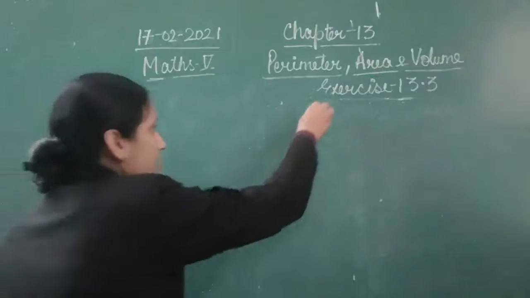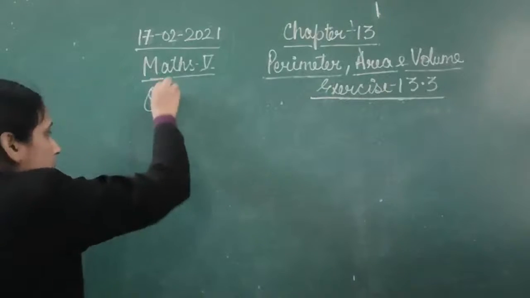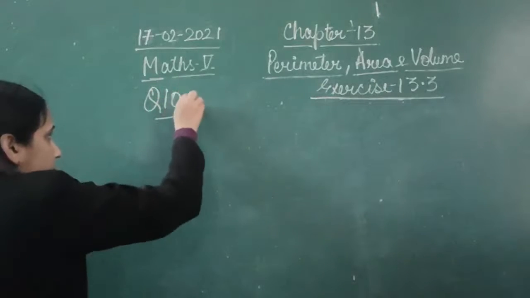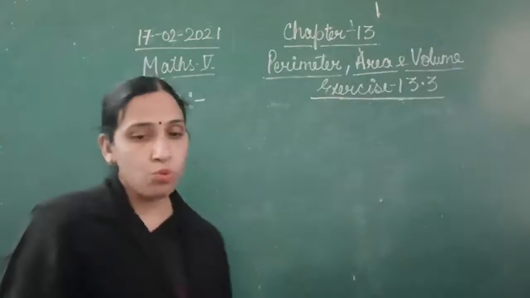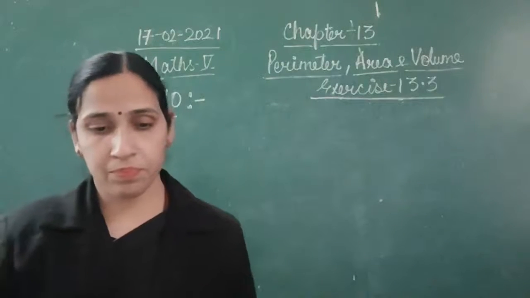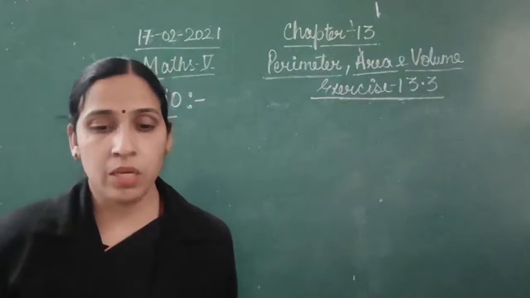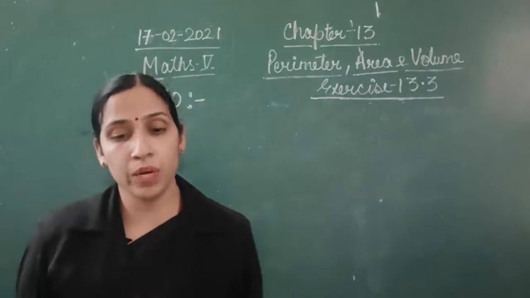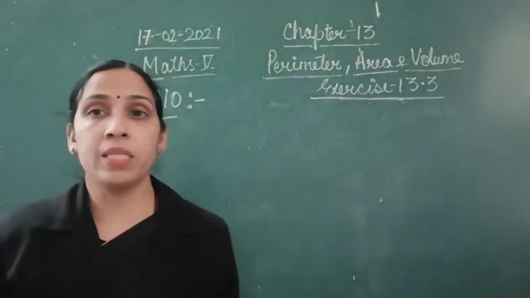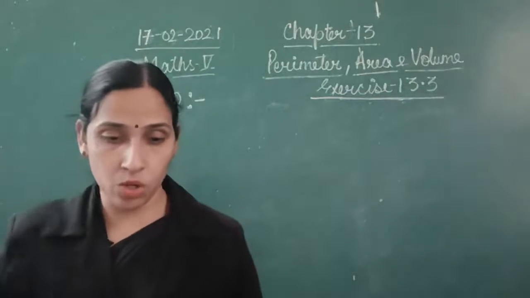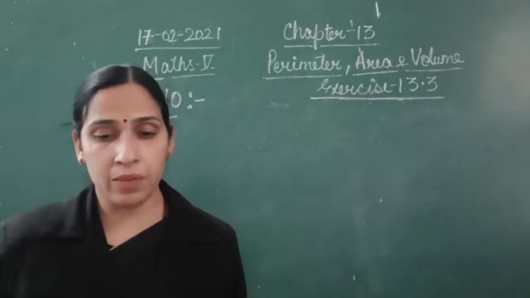Question number 10 is: A room is 680 centimeter long and 320 centimeter wide.